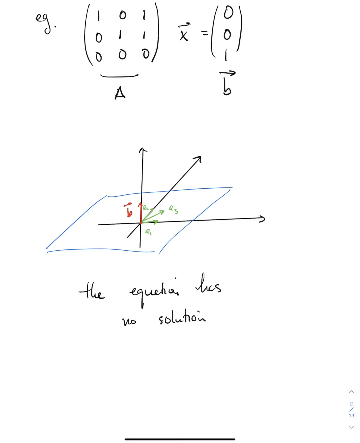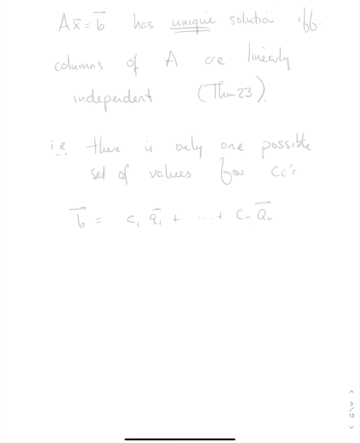All right, let's continue to revisit and reinterpret. Ax is equal to b has a unique solution, as in corollary 8, if and only if the columns of A are linearly independent.